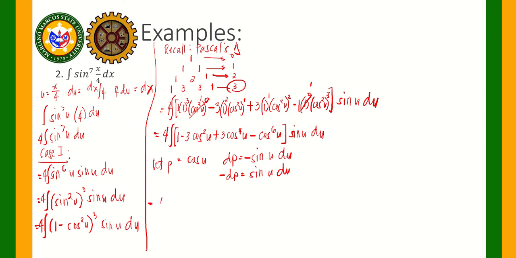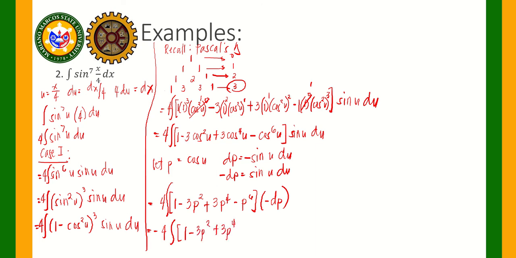This will be equal to 4 times the integral of 1 minus 3p squared plus 3p raised to 4 minus p raised to 6, and our sine u du is negative dp. So we take out the negative and isolate it: negative 4 times the integral of 1 minus 3p squared plus 3p raised to 4 minus p raised to 6 dp.